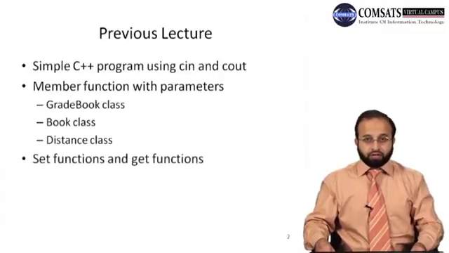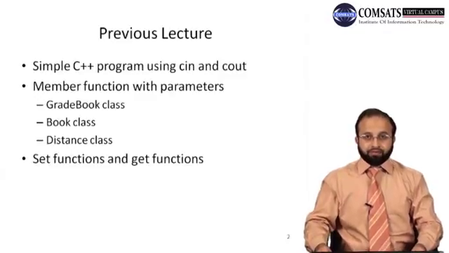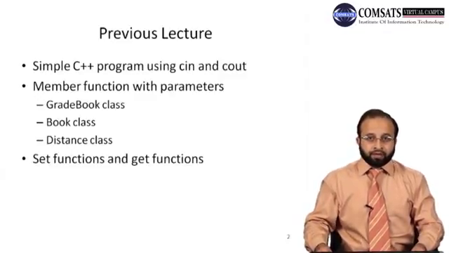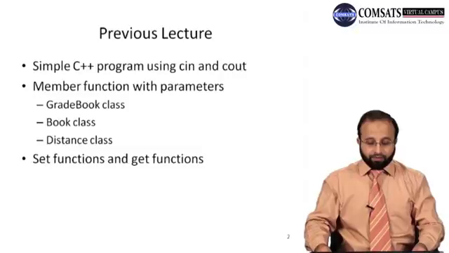Then we have seen what a setter function is and what getter functions are. Setter functions are those functions using which you can set the value of the private data member of the object, and getter functions are those functions using which you can get or acquire the value of the private data member of the object.